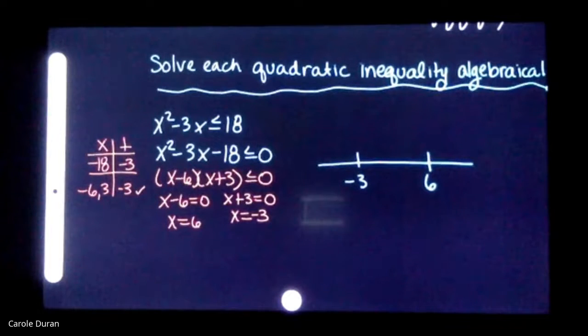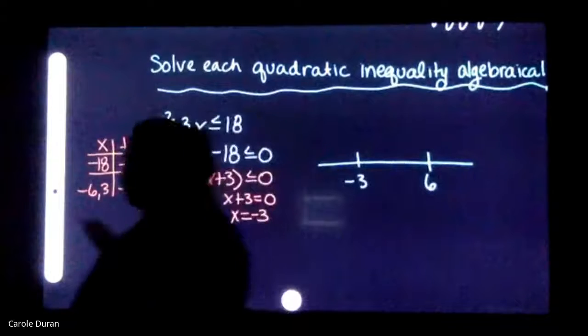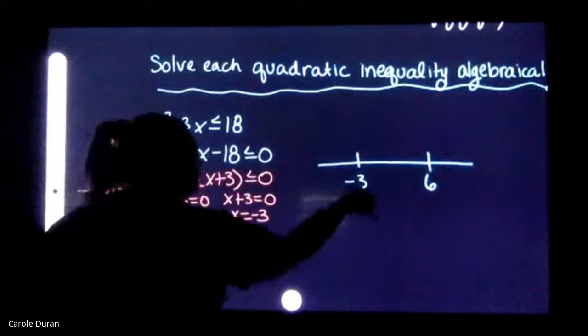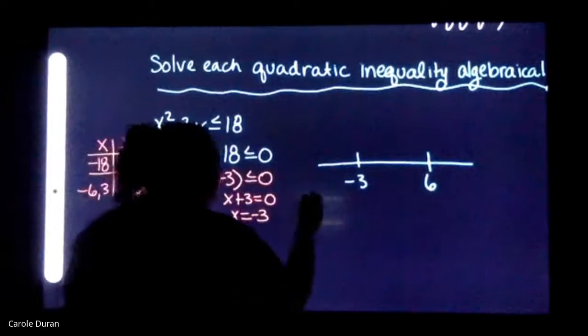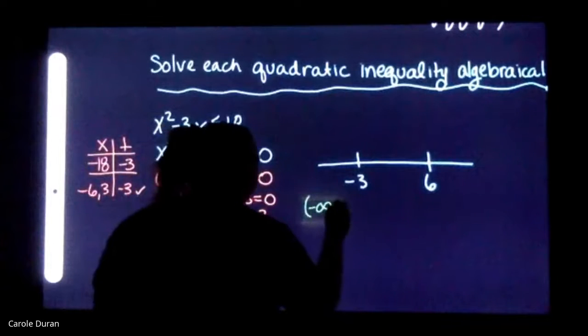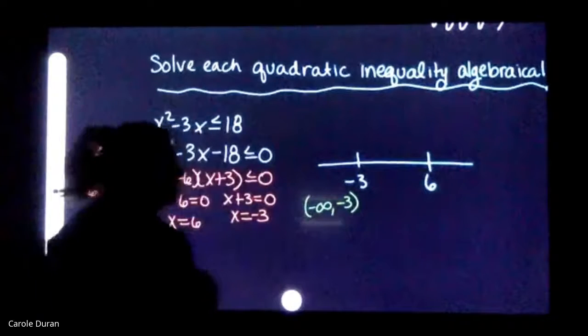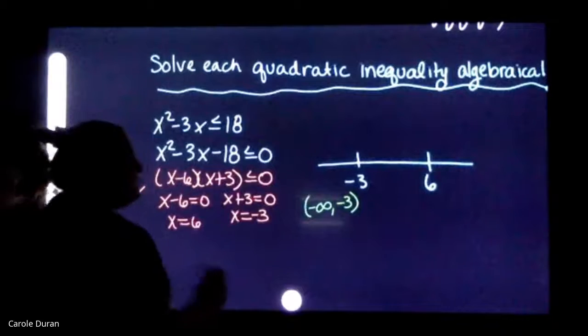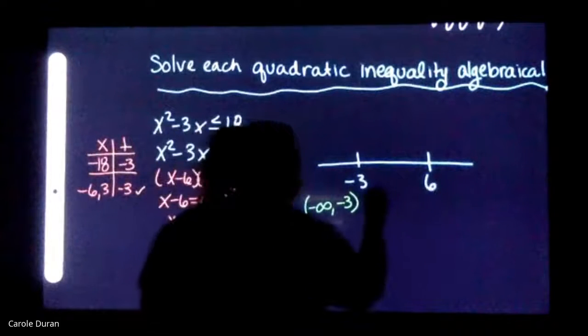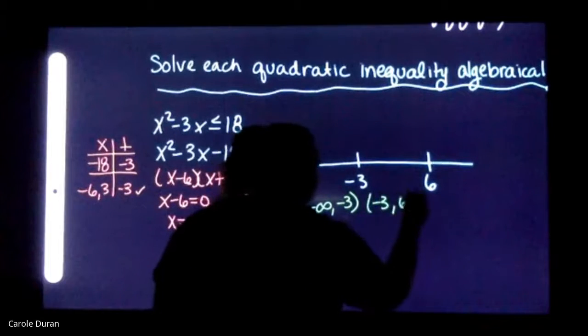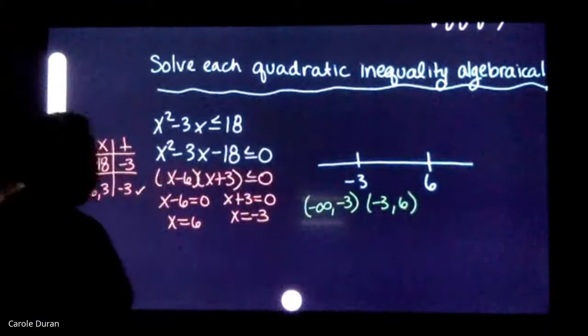This number line corresponds to intervals of values. Okay, and we've broken it up into 3 sections. These 3 sections are everything smaller than negative 3, which we write as negative infinity to negative 3. Everything between negative 3 and 6, which we say is negative 3, comma 6.